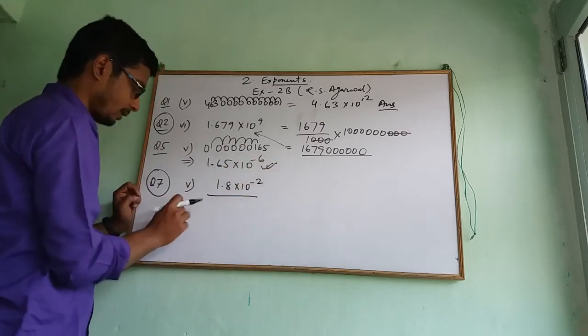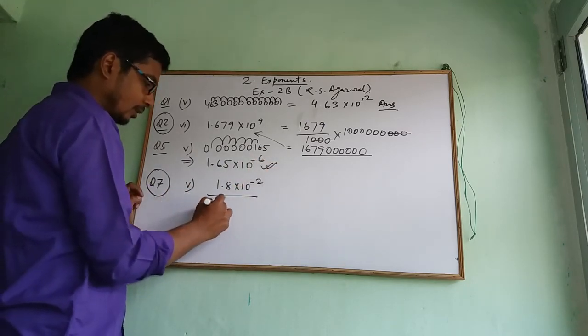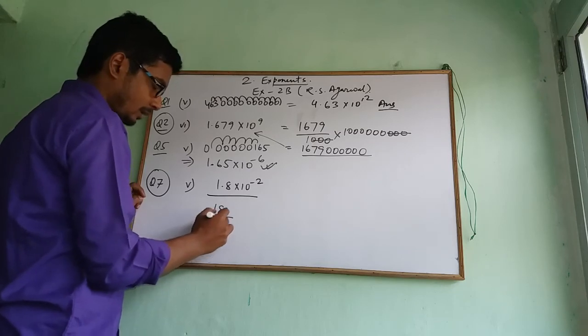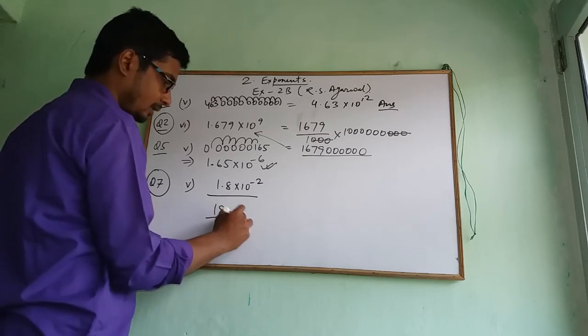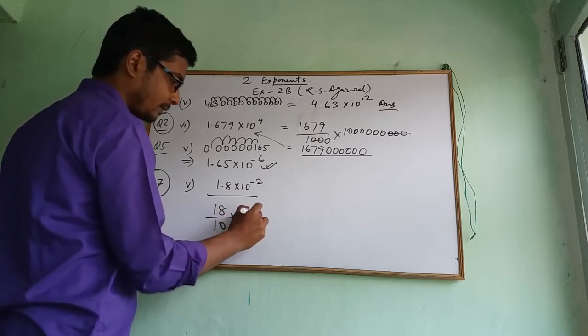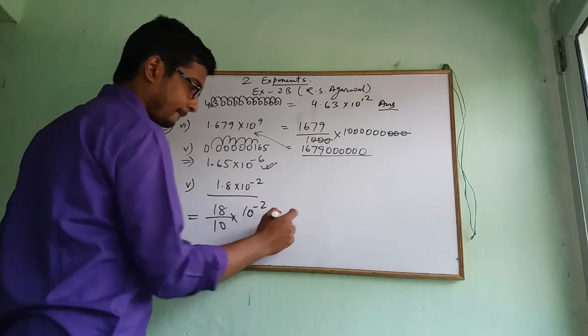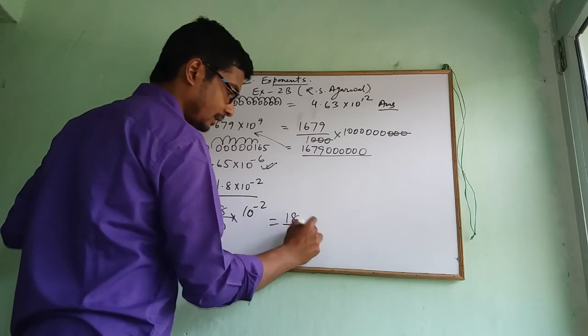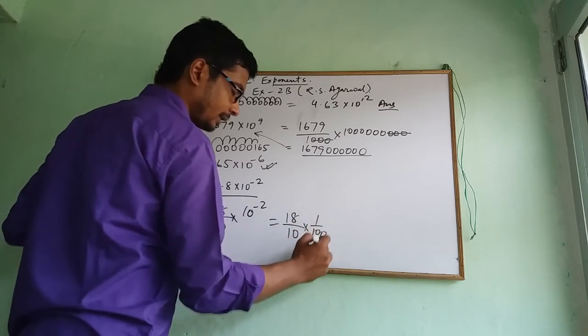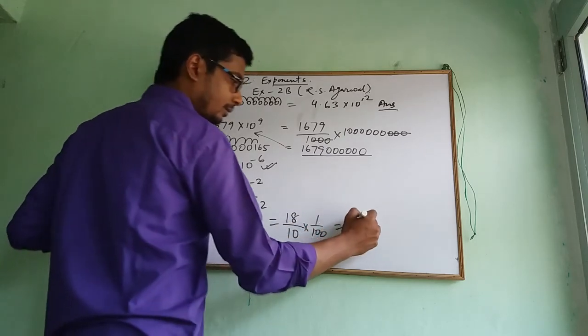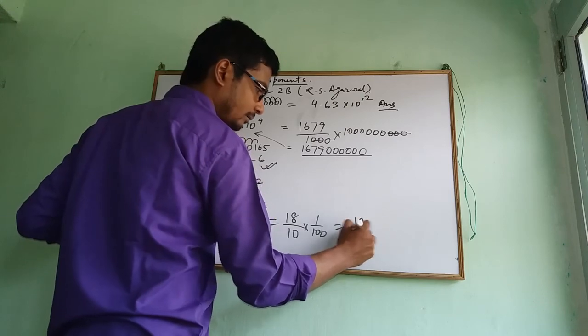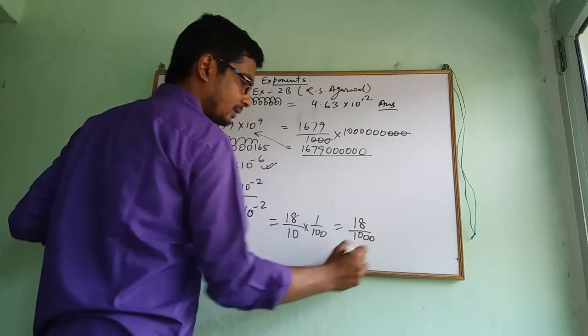And in my last question, the answer will be 18 divided by 10 into 10 to the power minus 2. That is 18 divided by 10 into 1 by 100. So that is equal to 18 by 1000.